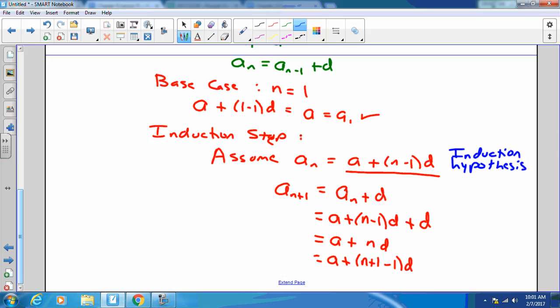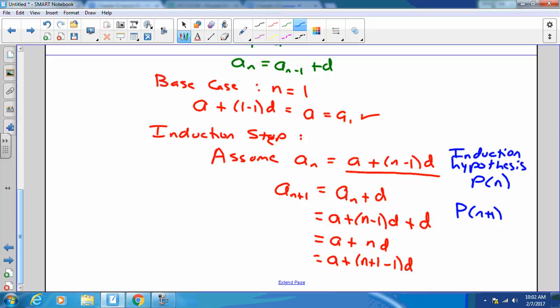And the induction hypothesis I can write as the proposition P sub n, that A sub n is equal to A plus n minus 1 times D. So then the next step in creating a good argument for induction is identifying what P of n plus 1 ought to be.